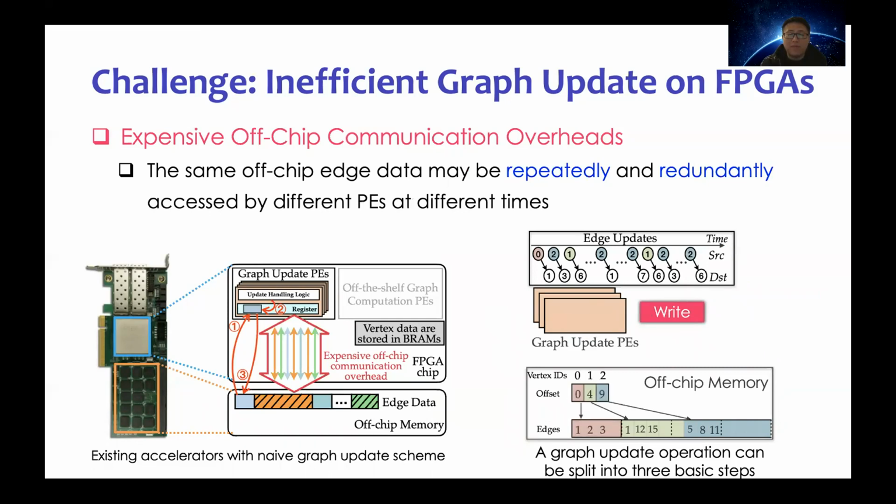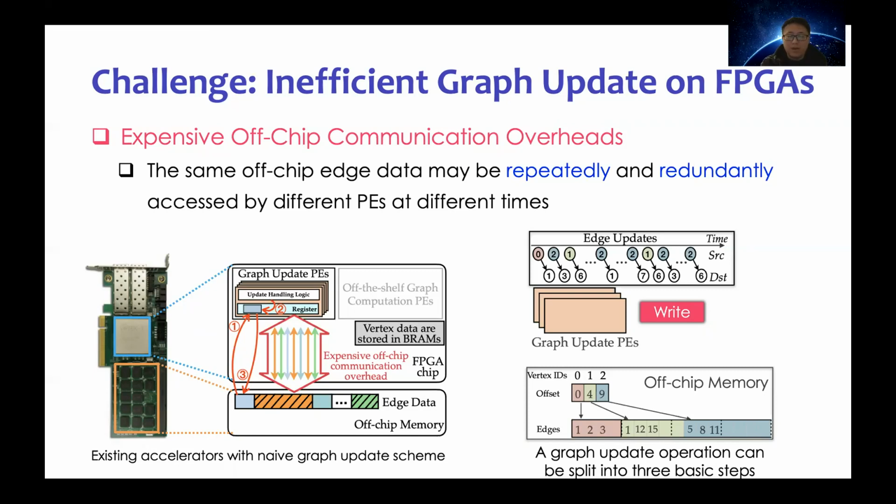Consider an edge update. First, the source vertex index of the to-be-updated edge is read. Its edge array will be loaded from the off-chip memory and stored into the registers attached to each processing element. Second, the to-be-updated edge is then inserted into or deleted from the loaded edge array, which is finally written back to the off-chip memory.